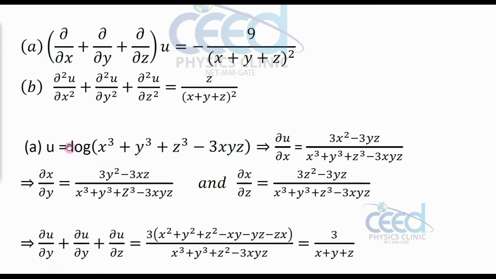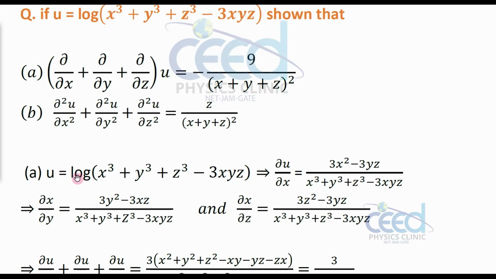So let us come to the first option, that is u is equal to log of x cube plus y cube plus z cube minus 3xyz. The differential of log x is 1 by x, right? So dou u by dou x is 1 by this, into the derivative of this with respect to x, that is 3x square, and the constant is 0. So 3x square minus 3yz.